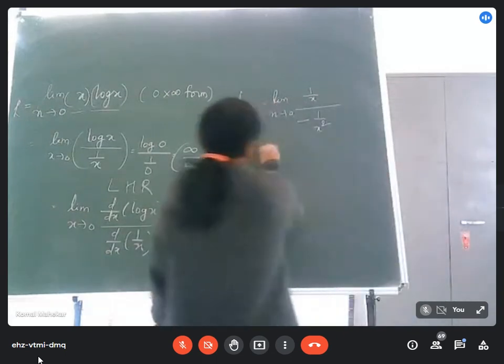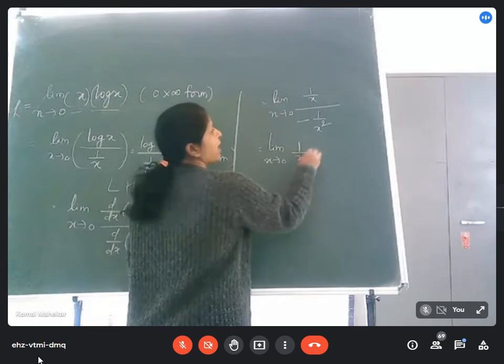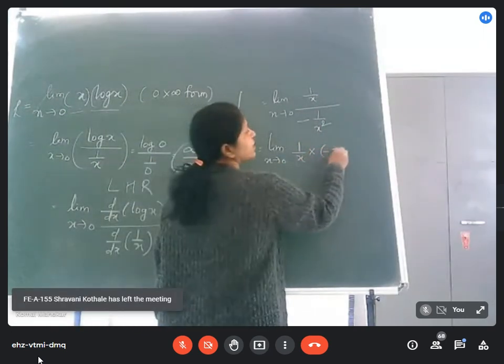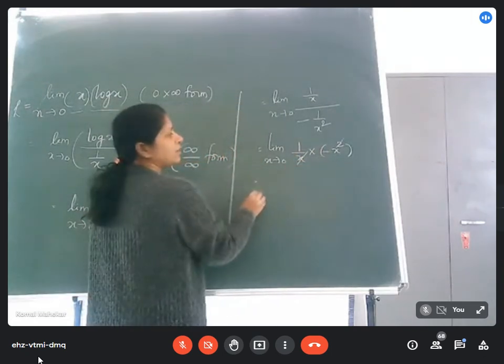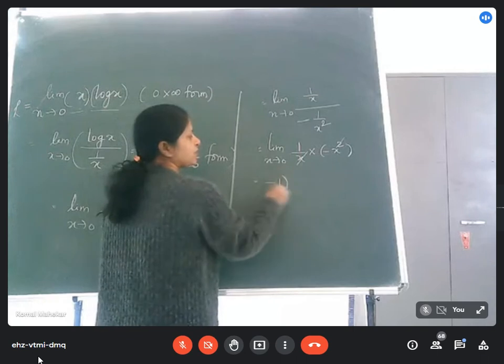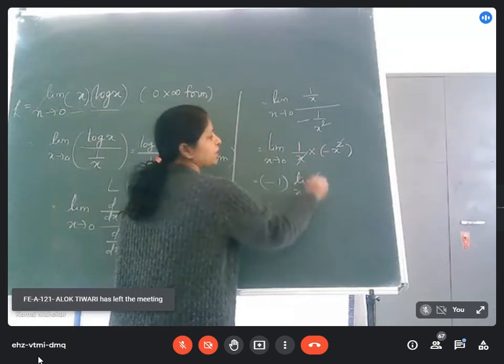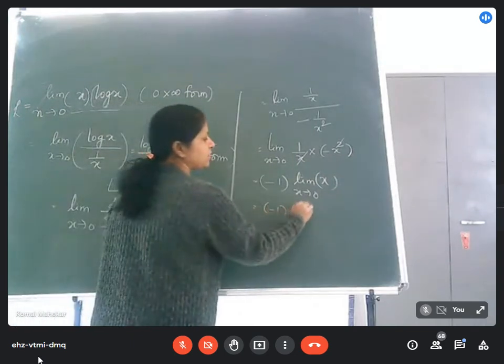Now see here, limit x tends to 0. This is 1 by x, and divide by minus 1 by x square is the same as multiply by minus x square by 1. Now this x with x gets cancelled. Minus 1 is constant, and if you apply the limit x tends to 0 in this function x, this becomes minus 1 into 0, that is 0.